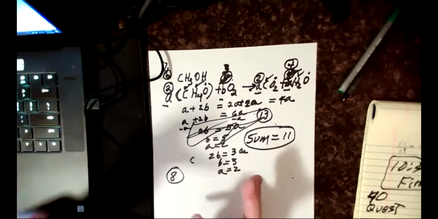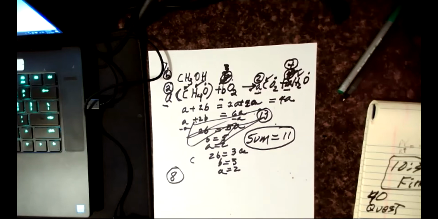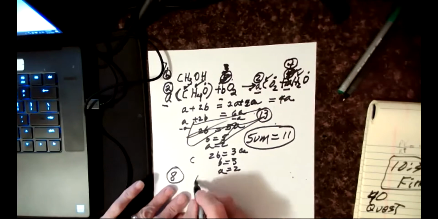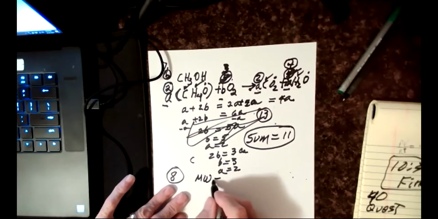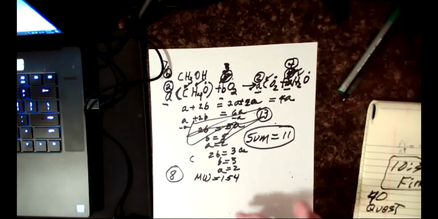I told you in class, I'm generally not going to ask a question like this, because the answer is actually given away in asking the question. Molecular weight, we told you, is 154. So if there's a correct answer on there, it's got a molecular weight of 154.